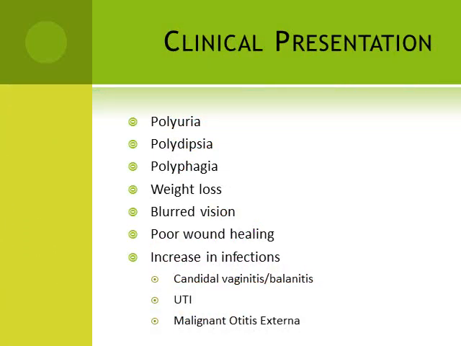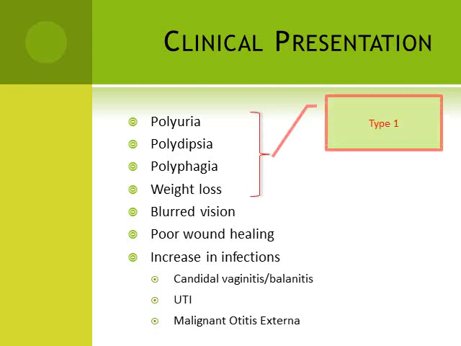So now we will talk about the clinical presentation of the disease. The classical presentation of hyperglycemia is polyuria, polydipsia, polyphagia, and weight loss. Usually these four are present in type 1 diabetes mellitus, but in type 2, as the onset of disease is insidious and hyperglycemia is very gradual in onset, these symptoms are usually not present.